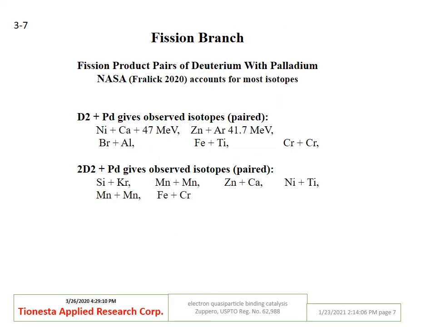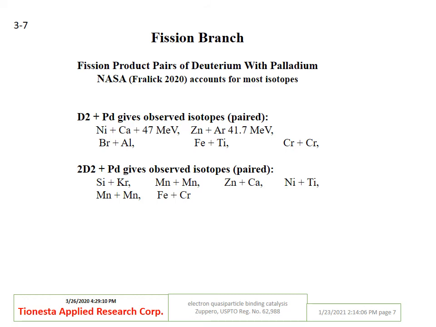Froelich of NASA published the isotopes they saw on a hydrogen purifier after it purified deuterium. At the part per million level, his isotopes line up as pairs. When one or two pairs of deuterons bind with a lattice palladium, the new nucleus explodes into the isotopes we see. I paired them.